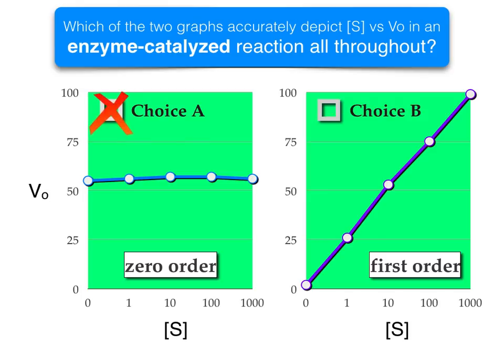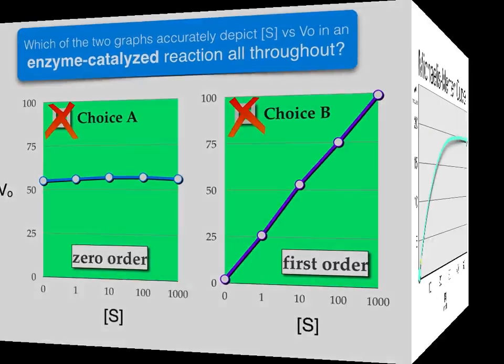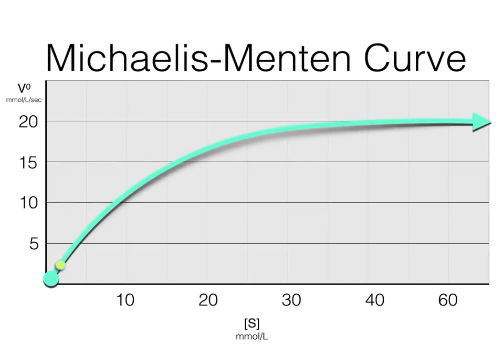Well, the answer is actually neither, as both reaction orders are present in enzyme catalyzed reaction as depicted by the Michaelis-Menten curve. In the Michaelis-Menten curve, on the x-axis we have the substrate concentration, whereas on the y-axis we have the reaction velocity or V naught, and what we have here is a hyperbolic curve.